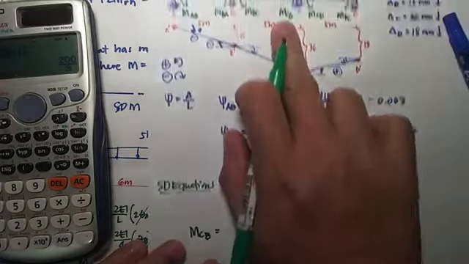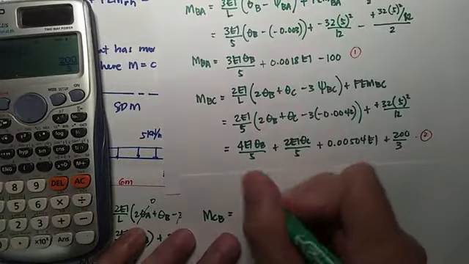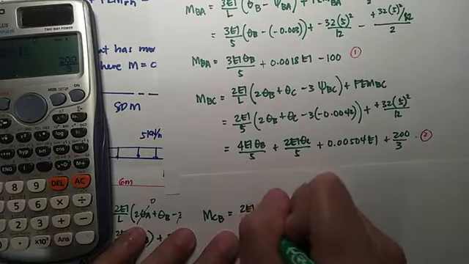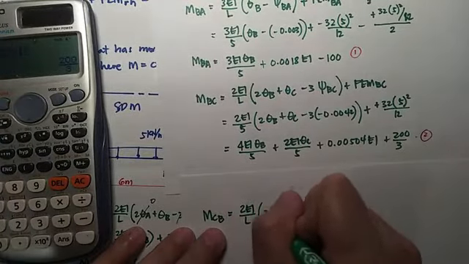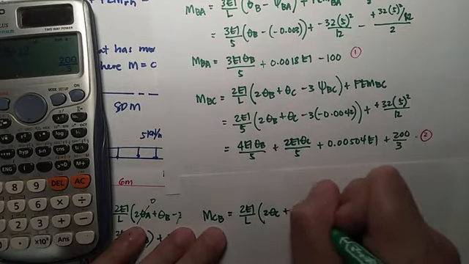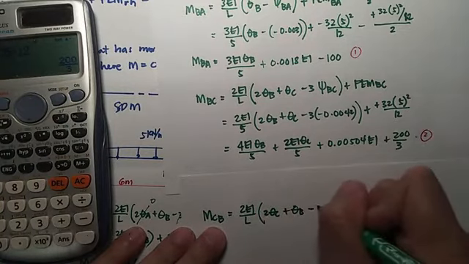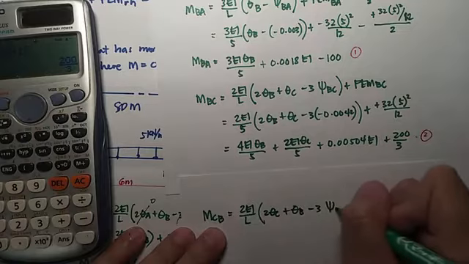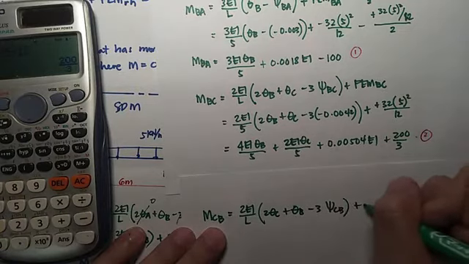Dito tayo, CB. Okay, moment sa CB is, again, 2EI over L, 2 theta C plus theta B minus 3 psi sa CB, plus the fixed end moment sa CB.